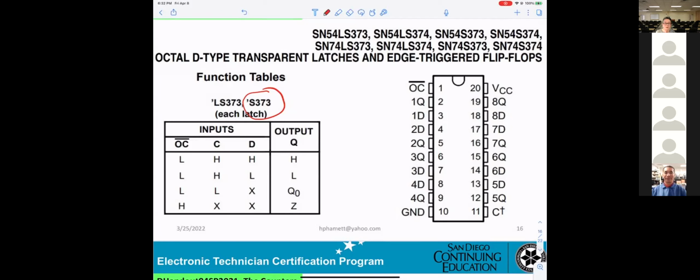Okay, how many input D? That will be 8 bit. The latch. You understand that the latch is different from the edge trigger.